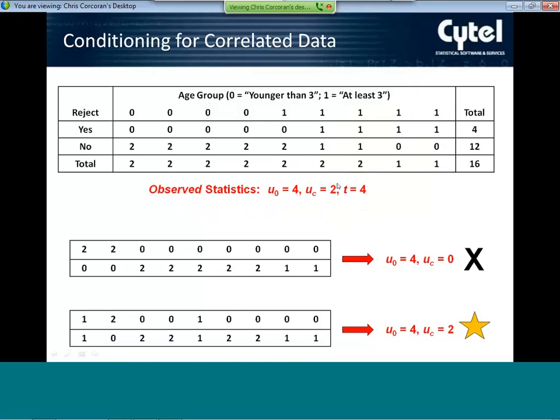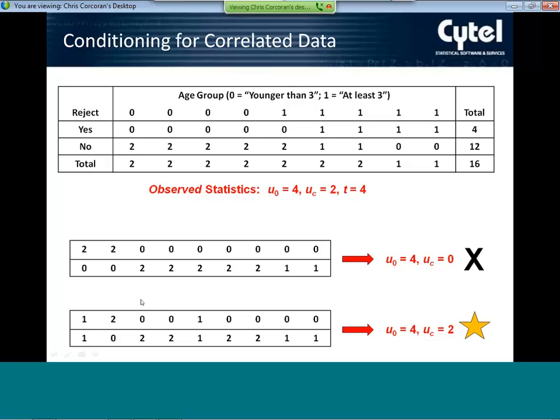We order them according to this test statistic here that I'm circling with the cursor, this t equals 4. So this is the value of the test statistic for the observed table, and you can quickly do some arithmetic across this table at the bottom to compute what the test statistic is in that case. You can see that it's actually equal to 0.